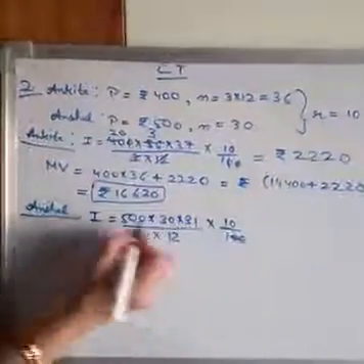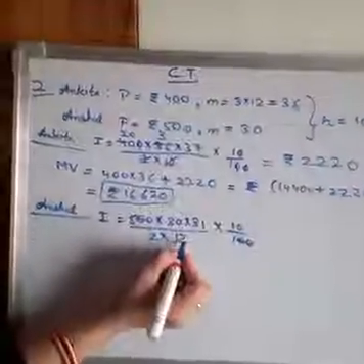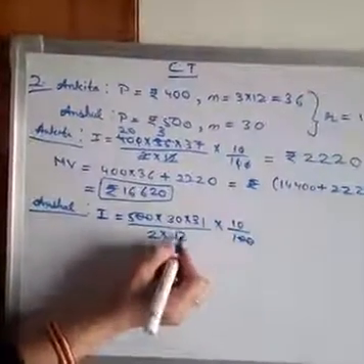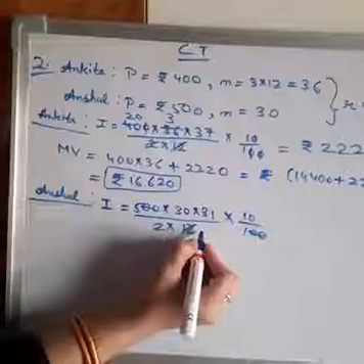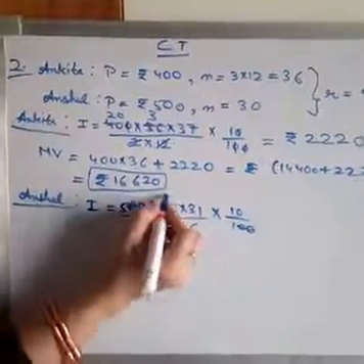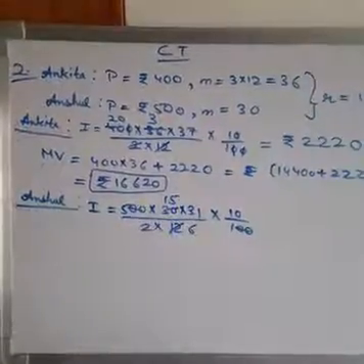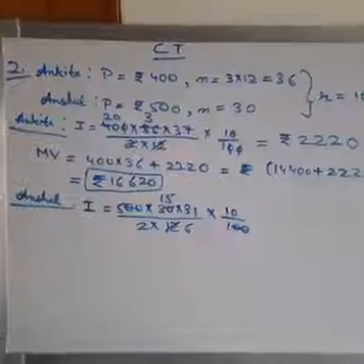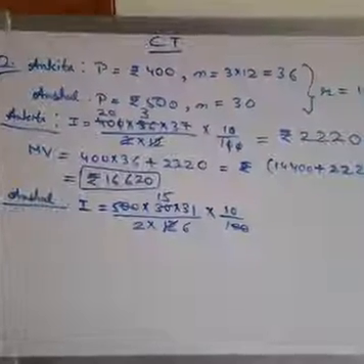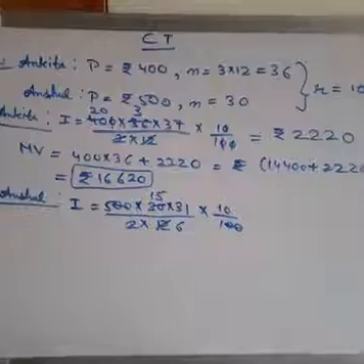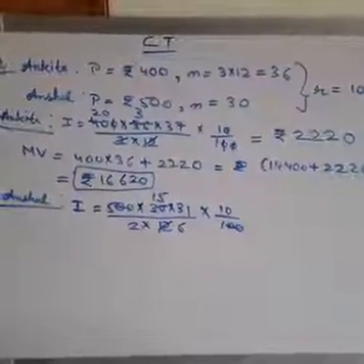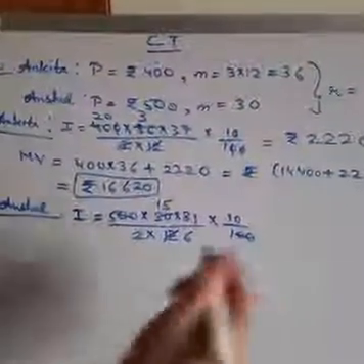So this is cancelled. Then cancel 2 into 6, 2 into 15. That's it. So for this we will be getting a decimal. Calculate and check. So this will be rupees 1937.5.